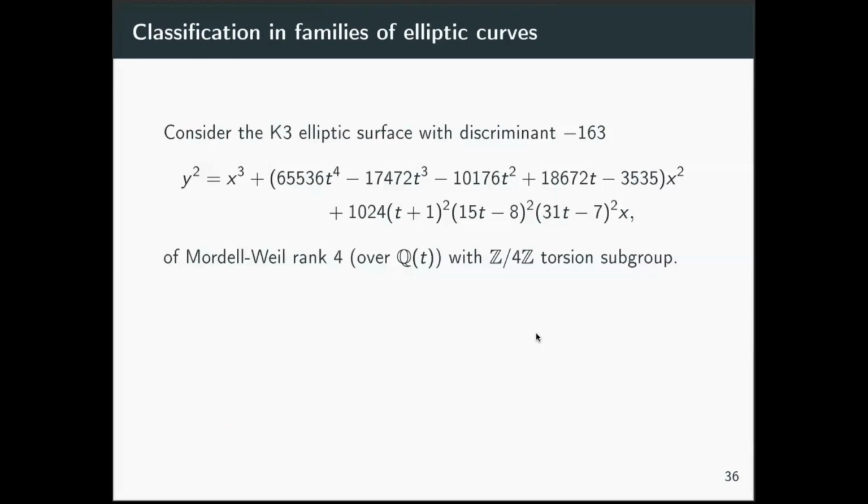So basically, what you do, you specialize this curve for different values of t, and then you have a bunch of elliptic curves for which you know that they a priori have rank 4, and this portion 0 for g. Or better to say, they will have rank at least 4. This rank can also go down.